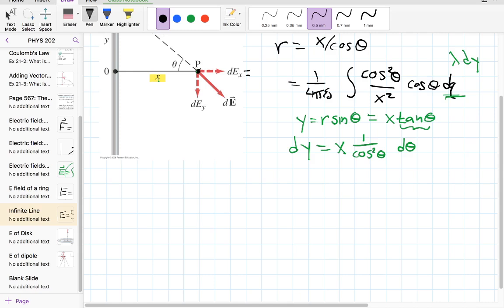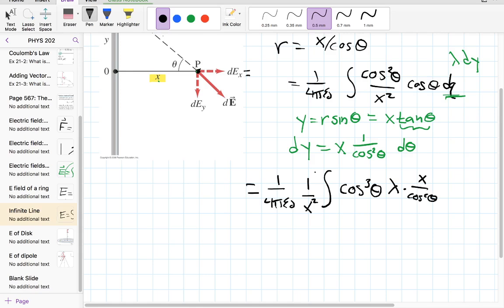We've now got our electric field is equal to 1 over 4 pi epsilon naught integral cosine cubed theta. This x squared can come out front for now. Cos cubed theta times dq, which is lambda dy, where dy is this, x over cosine squared theta d theta.